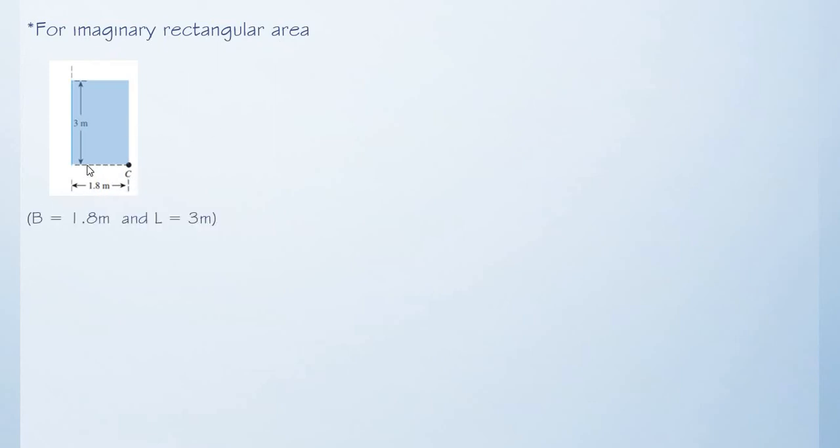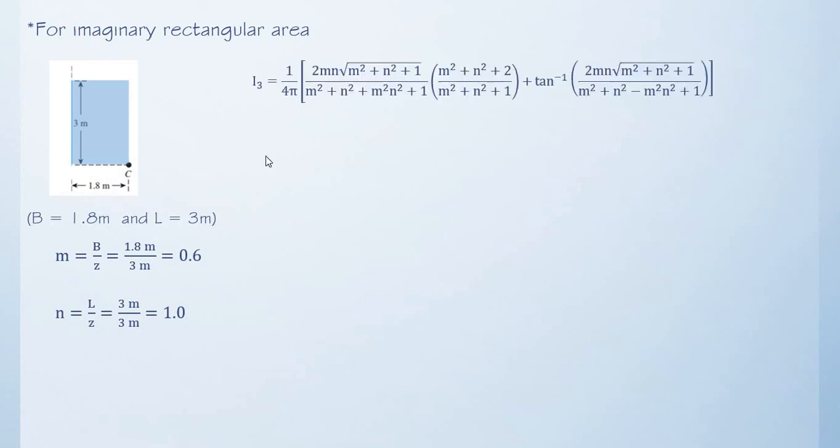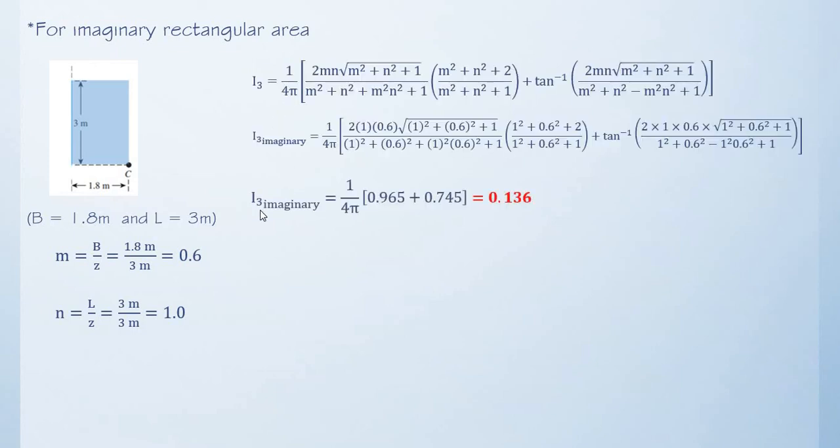So B is 1.8 meters, the shorter distance, and L is 3 meters. So M is equal to B over Z, that is 1.8 divided by 3 is equal to 0.6, and N is equal to L divided by Z, 3 divided by 3 is 1, and solving the value of I3 through the equation, I3 of this imaginary area is 0.136.